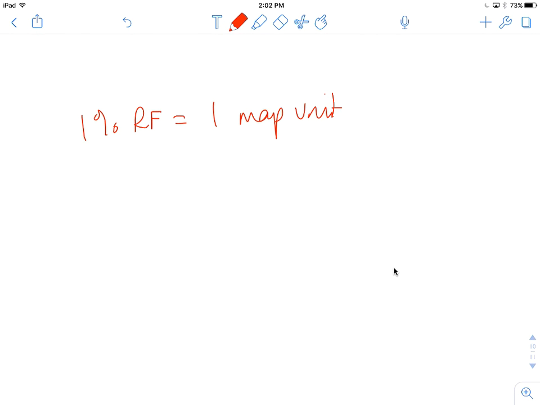And map units are measured in centimorgans: small c, capital M. We'll go over how to use that information to do gene maps in class.